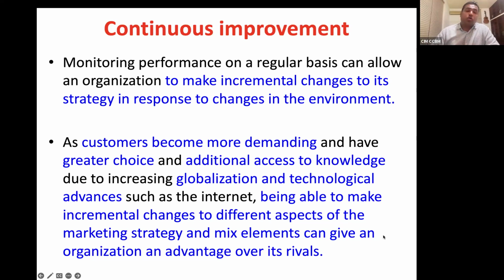Why? Because the environment, the micro environment, is dynamic and it keeps changing. So if the environment is changing, your macro environment, your PEST factors, your micro environment, the industry keeps changing every day. But if your marketing plan does not change to seize the opportunities and to counter any threats in the environment, if your marketing plan does not respond fast and be agile and nimble and change fast, then you will drift away.